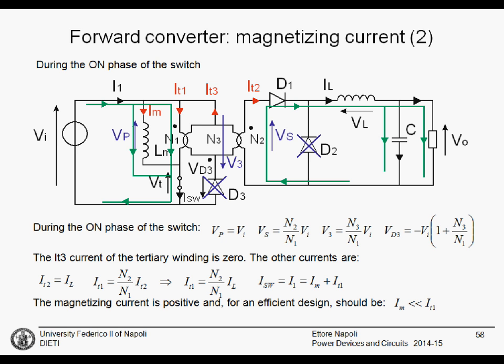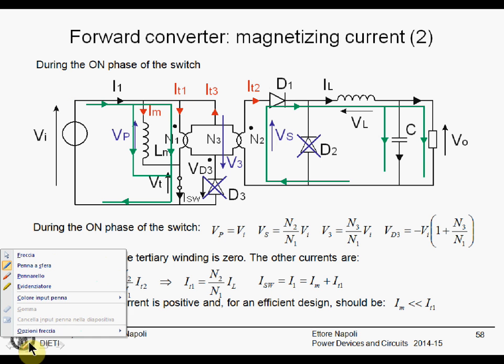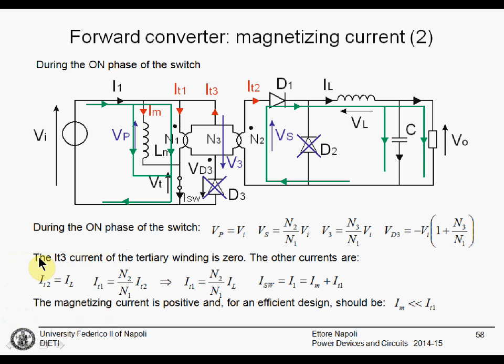We can now study the behavior of the currents and voltages, and we will start from the on phase of the switch. This is the behavior of currents and voltages. The switch is on, hence we can say that here there is a short circuit.